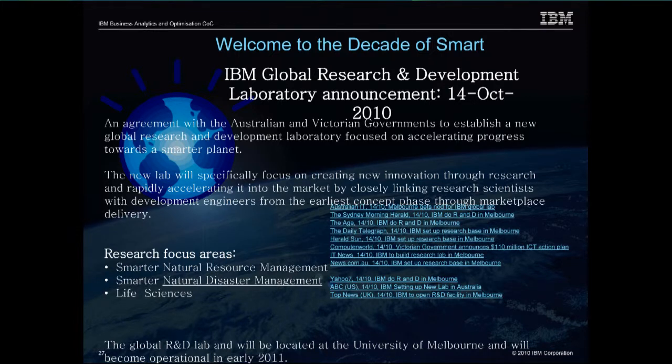It's quite a significant announcement, because R&D from IBM has mostly been over in the States or the UK or the major countries, and IBM invests heavily in its research and development in a lot of areas, and we've talked about the health space. What that means to Australia, and specifically here in Melbourne, is that there are a number of focus areas: natural resource management, natural disaster management, and also life sciences.